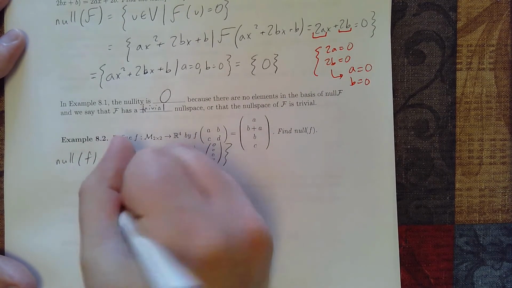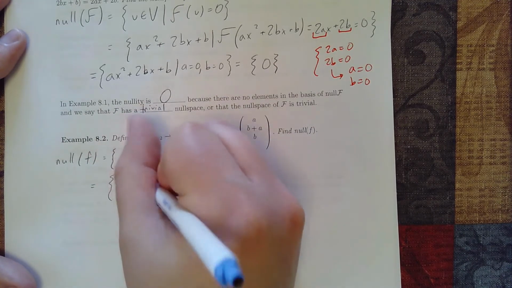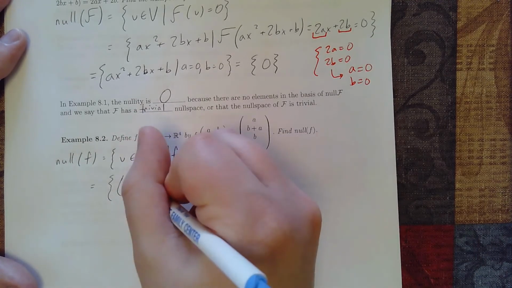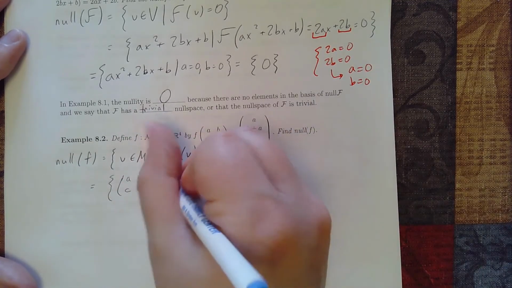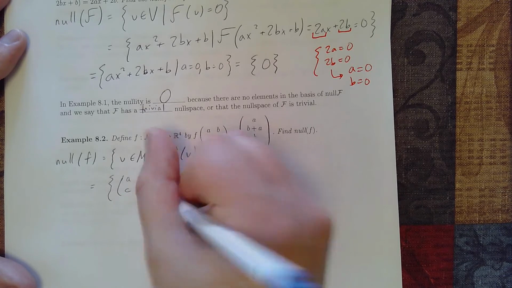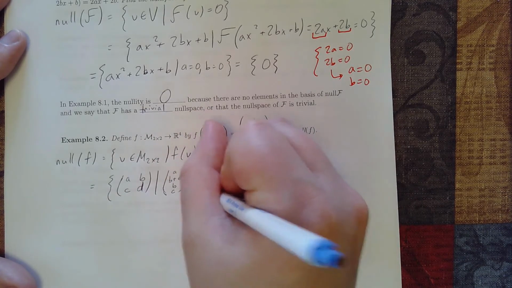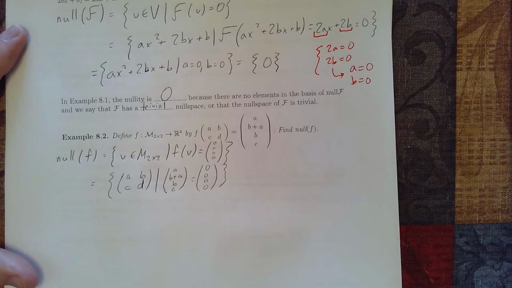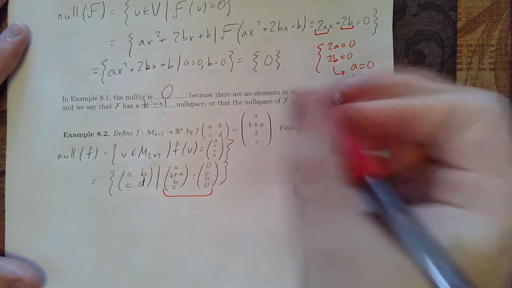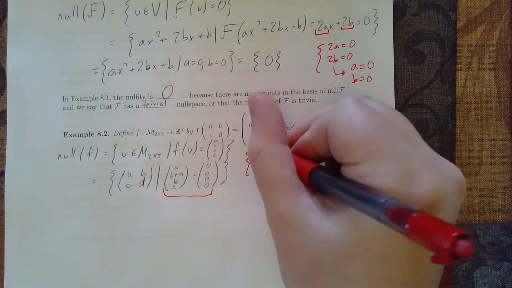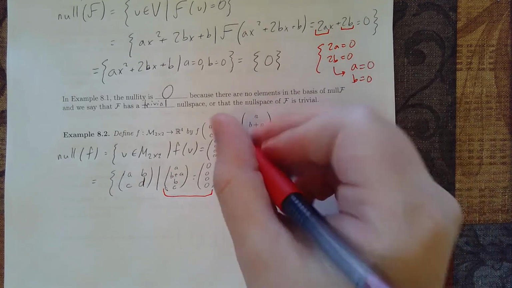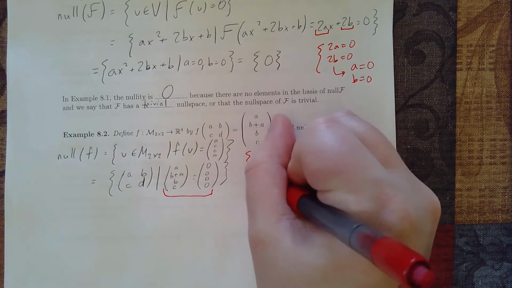So we're really looking at the set of all A, B, C, D. Okay, so using this, then, we'll get a system of equations that says A equals 0, B plus A equals 0, B equals 0, and C equals 0.